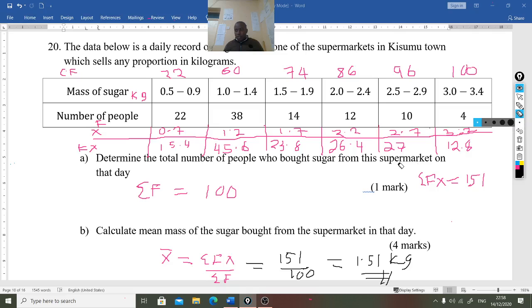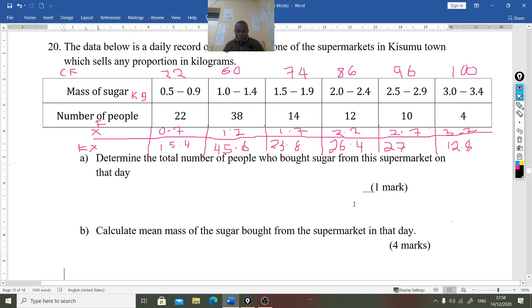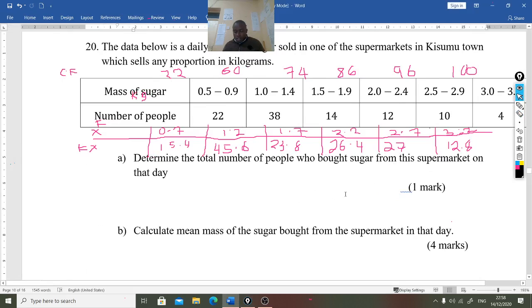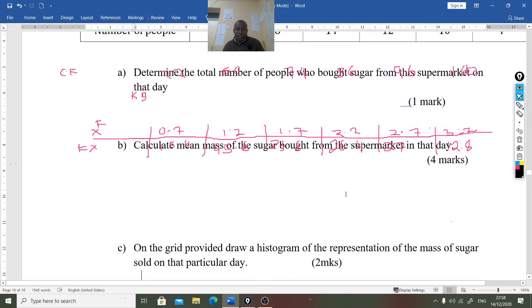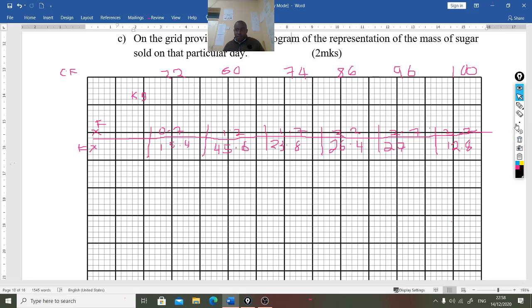I'll do it after drawing the histogram. These cumulative frequencies will assist me later on in calculating the median, not the histogram.